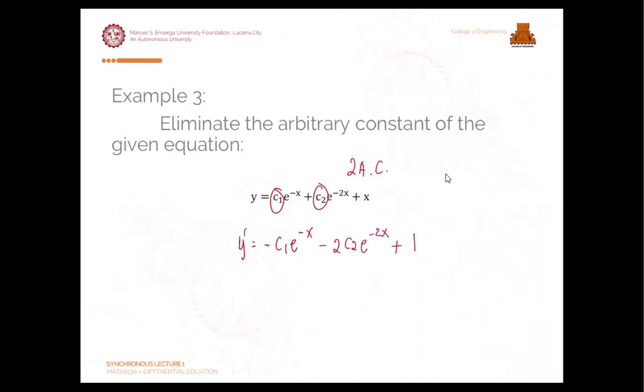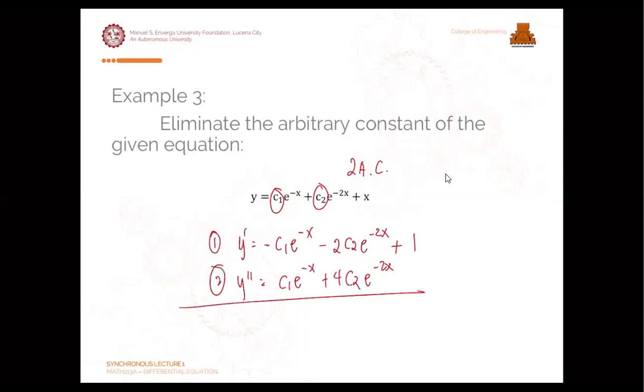Okay, first derivative. So, second derivative will be c1 e negative x plus 4 c2 e negative 2x. Okay, so to solve for the equation, pwede natin kunin yung sum nitong first and second equation natin.